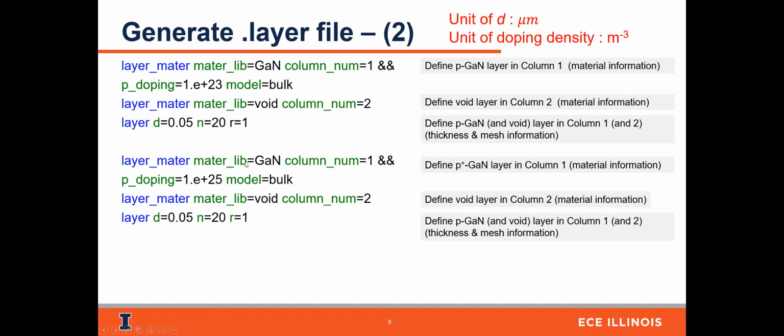Okay. And then finally, on top of it, we have a heavily p-doped gallium nitride layer with a doping concentration of 10 to the 19 per cubic centimeter. Yeah, and the thickness is 50 nanometer for this layer.